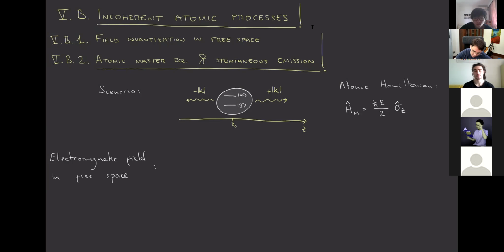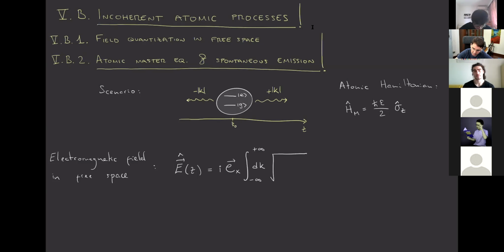So the quantized electromagnetic field in free space is essentially what you already know from the cavity. We will have some polarization along the x direction, for example. Then we will have a sum over all the available wave vectors, which in this case means all the wave vectors in free space, from minus infinity to infinity.